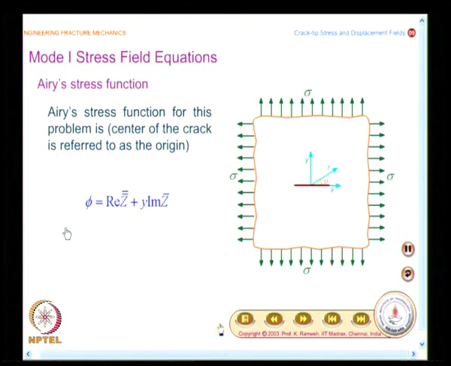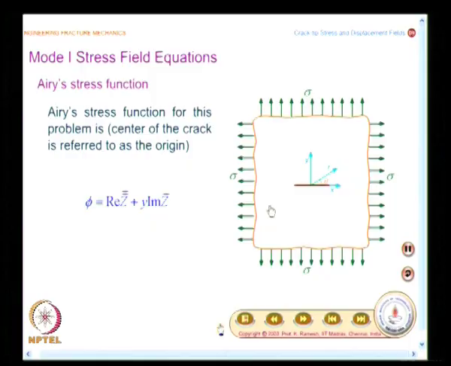So, at this stage what you will have to keep in mind is, I am having a central crack where the center of the crack is taken as the origin. I had already pointed out, Arvind said do not focus on the crack, focus at the crack tip. He shifted the attention to the crack tip. So, later we would also shift the origin to the crack tip and remodify the equations, and that would really bring in, are we looking at a closed form solution or are we looking at a near field solution.